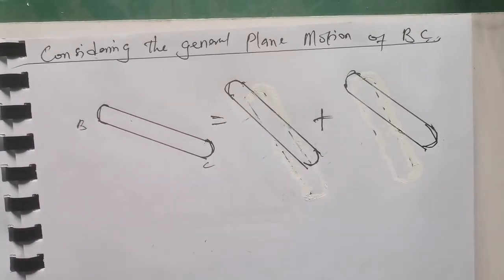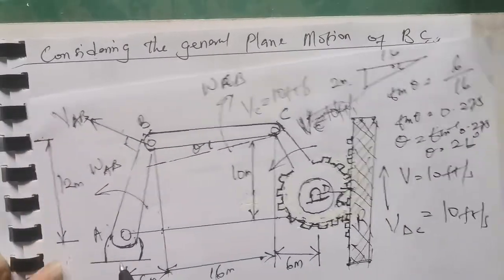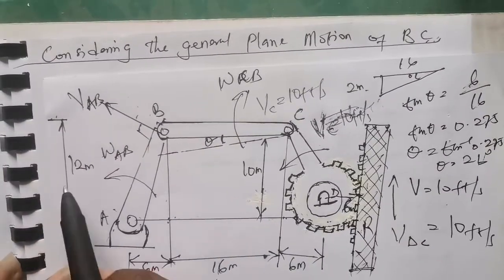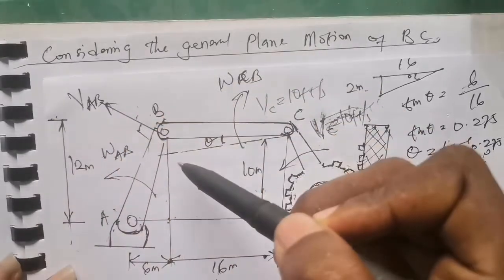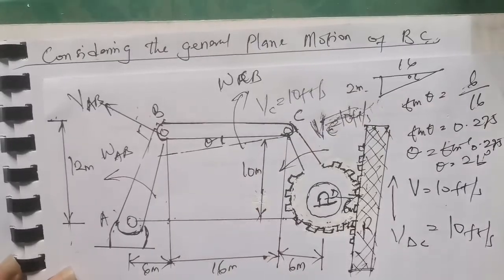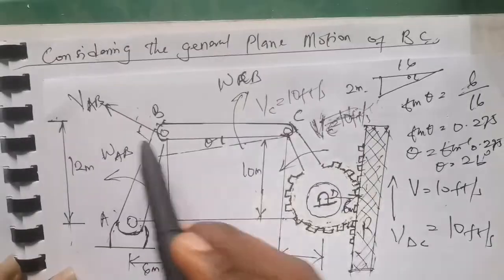And not forgetting that, since A is rotating in this direction, we had the velocity at point B, which was at 90 degrees to this arm AB. So observe also the direction or inclination of that velocity with this arm BC.